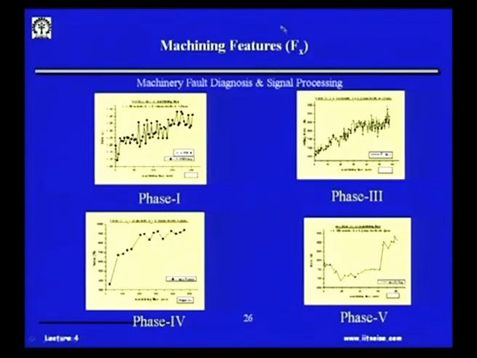And then in this condition we try to monitor how the machining features are affected for different conditions of the machining time, and how for different conditions these forces vary. Cutting force effects as a function of time for all the different conditions, and these are actually estimated by the neural network.